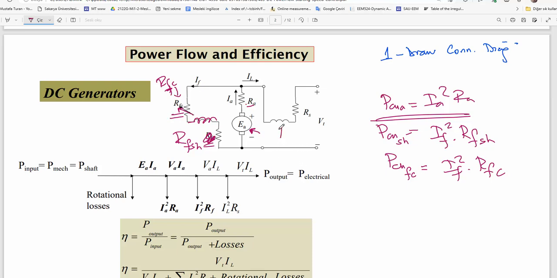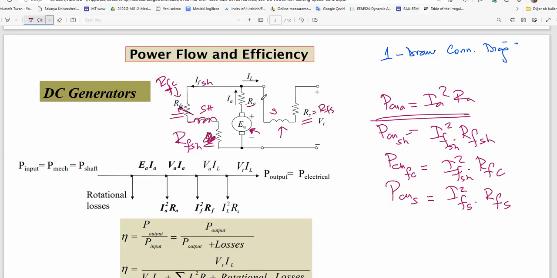And there is another loss, which is the serial winding loss. If this is a compound machine, for example, here is one shunt field coil, and here is a serial field coil. So the copper loss in the serial field coil is equal to I field serial squared times R field serial.